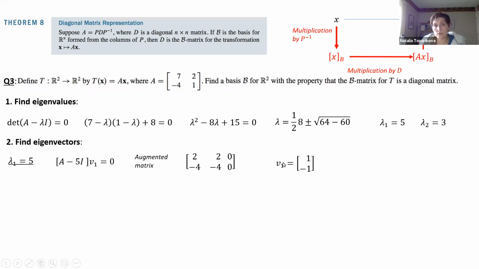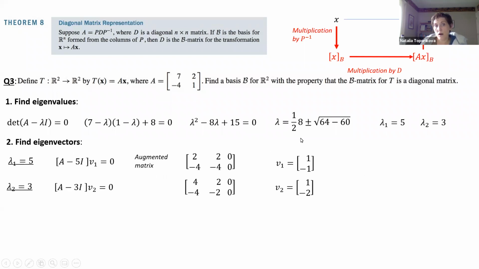Because we have a free variable, I choose the one which conveniently represents the vector: (1, -1). We repeat for lambda equal to 3, again forming the homogeneous system by subtracting 3 times I from our matrix, writing down the augmented matrix, solving the system, and choosing vector v2 equal to (1, -2).